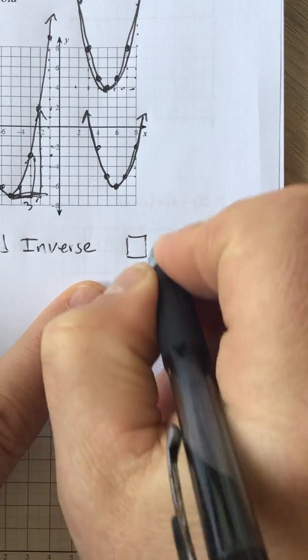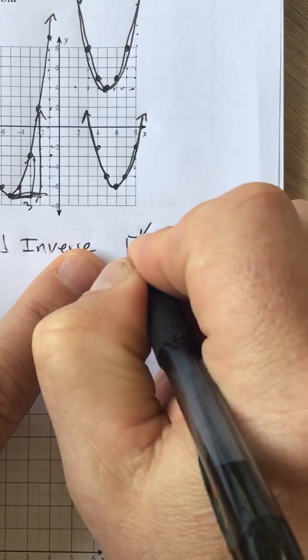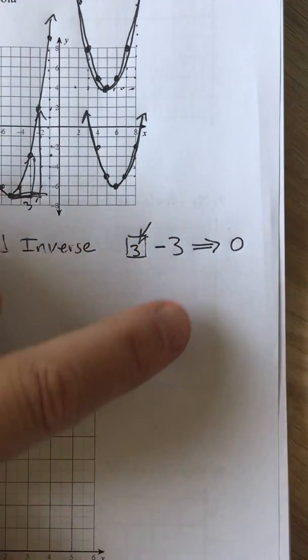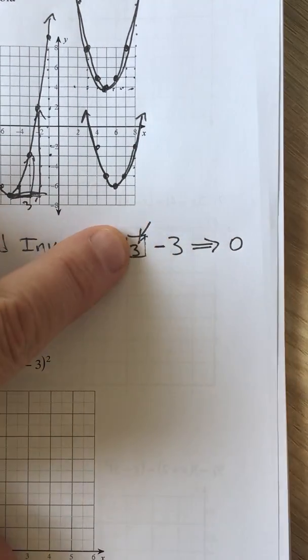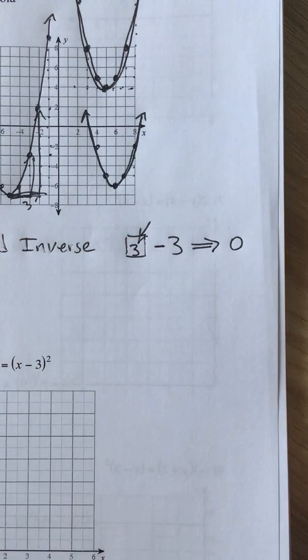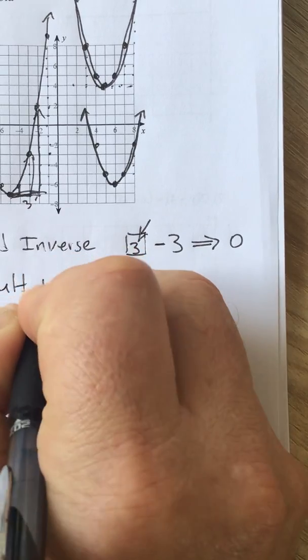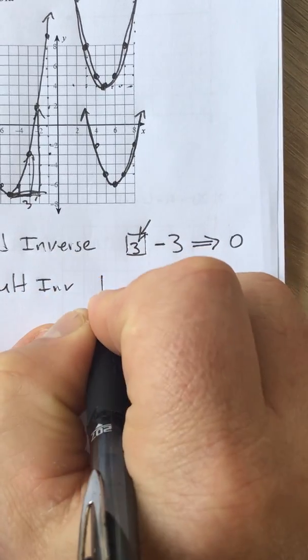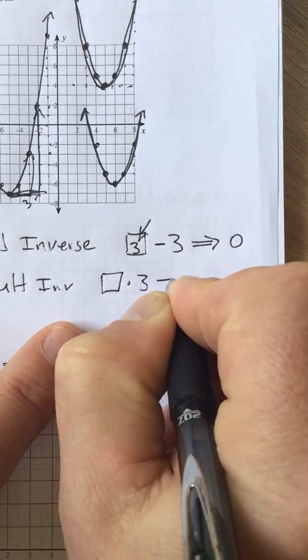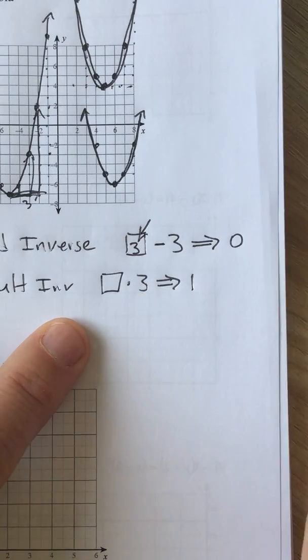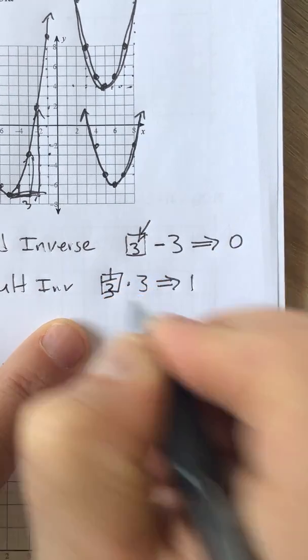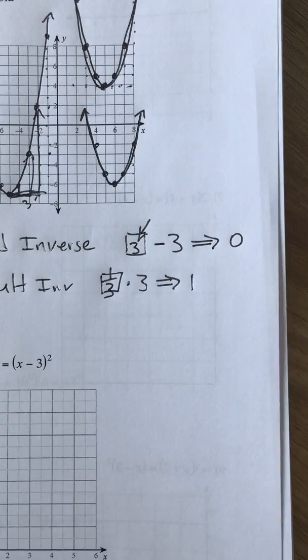That means this inverse right there has to be 3. So if it was given a -3, the additive inverse is a +3. Multiplicative inverse is something times 3 to force 1. So that means it would be 1/3, times 3 forces 1.